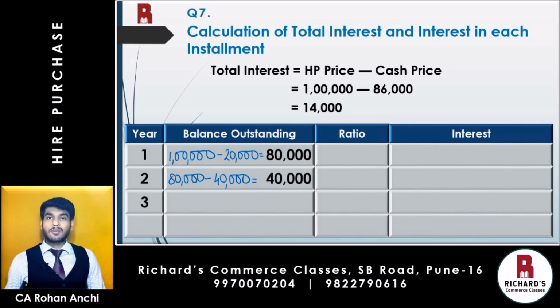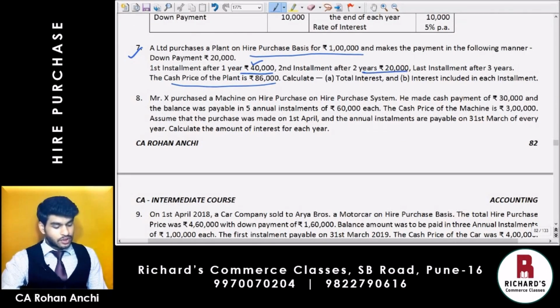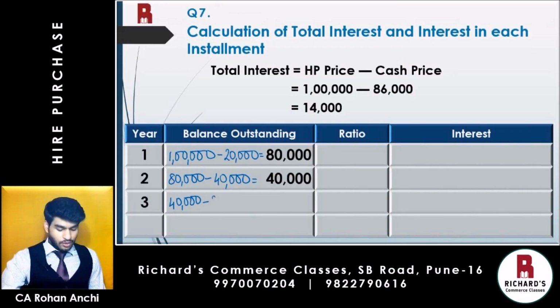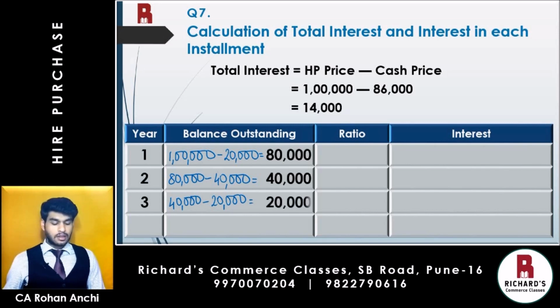And similarly, at the time of installment number 3, this 40,000 minus, we have made another installment payment after 2 years, that is rupees 20,000. So if we pay 20,000, the balance outstanding amount that is left is rupees 20,000.